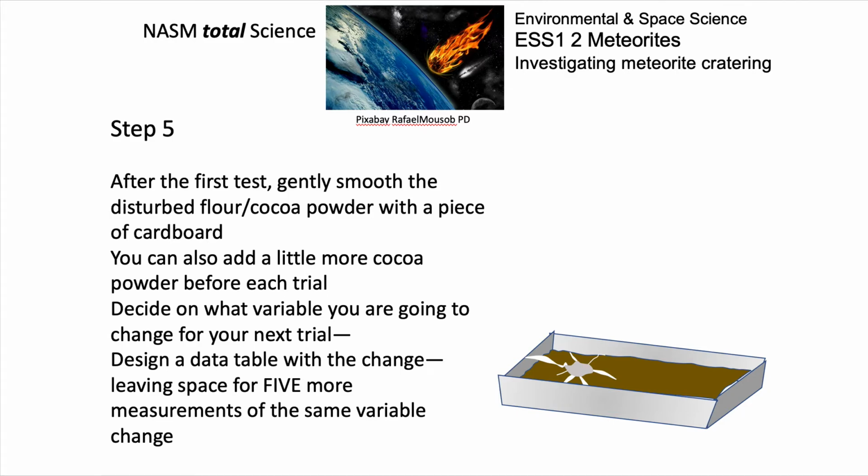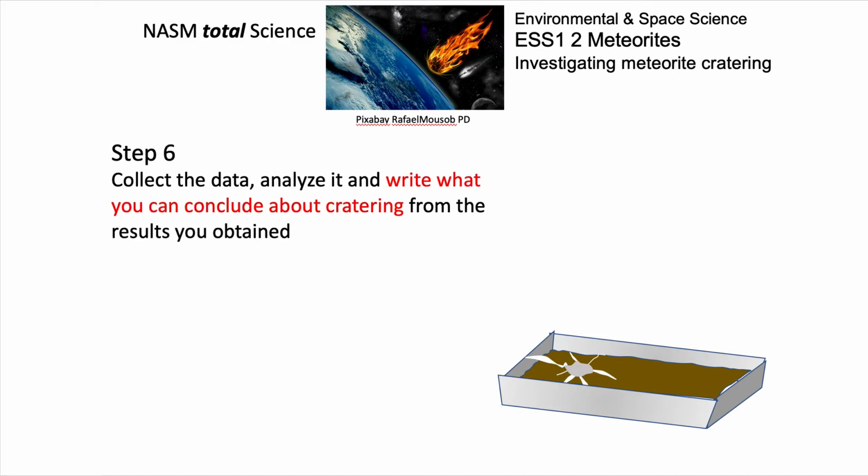What variable are you going to change? And so design a data table showing that change and the data that you will collect. So collect that data, analyze it, and write a conclusion. What do you notice about the patterns having changed one of the variables?